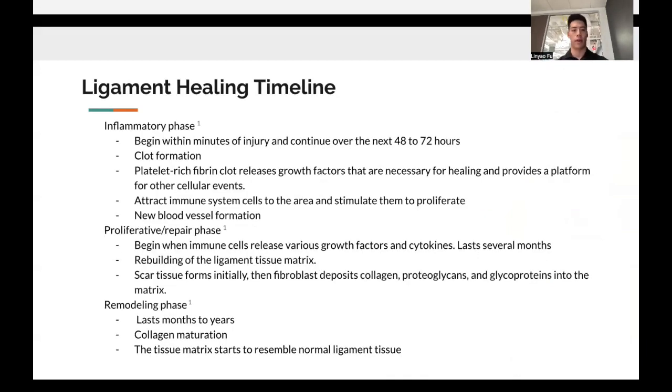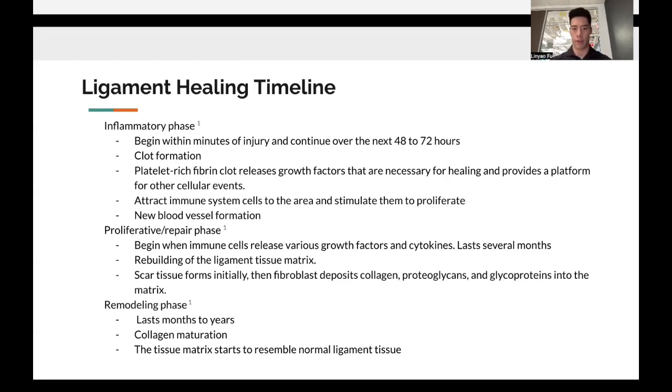So we're going to talk about the healing timeline of ligament injury. In the acute phase, we have the inflammatory response, which begins within minutes of the injury and continues over the next 48 to 72 hours.